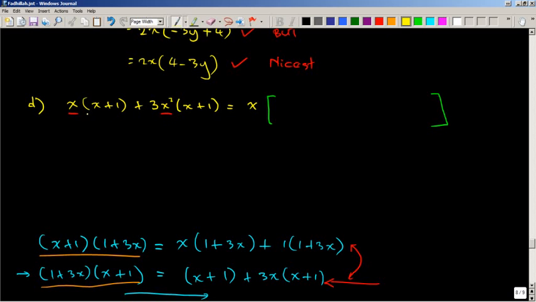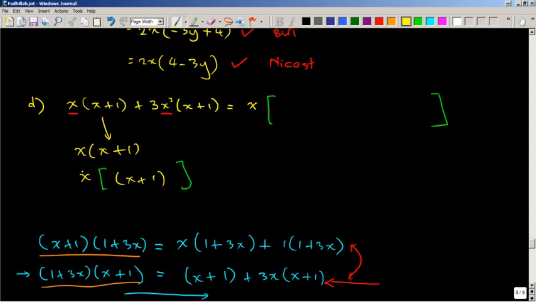Okay. Now, when you want to break away x and x plus 1, ini kat atas ni kan, then you really break away x and put the green square bracket, and put everything else as x plus 1.